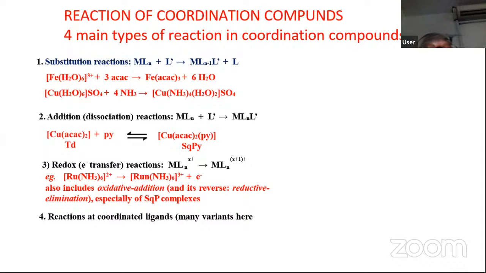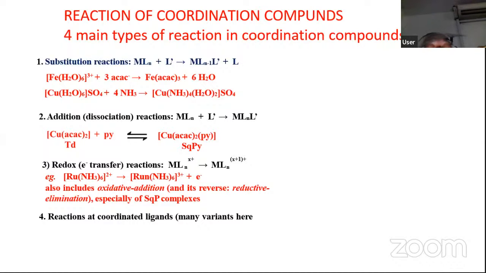Number 3, as you know, metal ion can undergo oxidation and reduction. Okay, oxidation reaction involves electron transfer. Oxidation is the loss of electron. Reduction, you receive electron. So that is an electrochemical reaction. That's a redox reaction. And the fourth one is the reaction at the ligand.